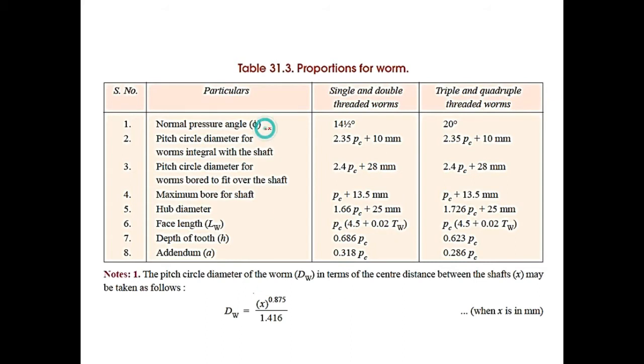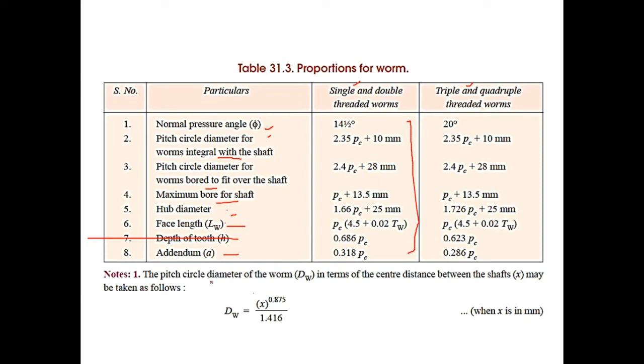What will be the value of pressure angle phi, pitch circle diameter for worms which are integrated with the shaft, or due to the boring process, maximum bore, shaft, hub diameter, face length, then depth of tooth, and then addendum, etc. These are for single and double thread worms, and this is for triple and quadruple thread worms. All these values will be used in your design process.